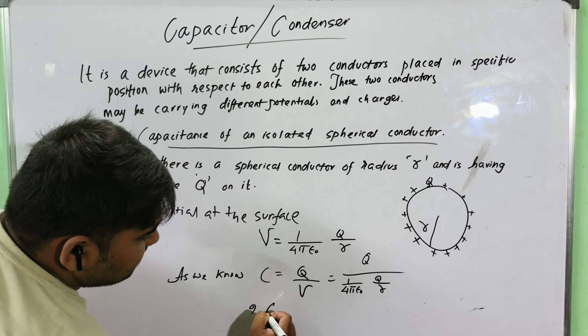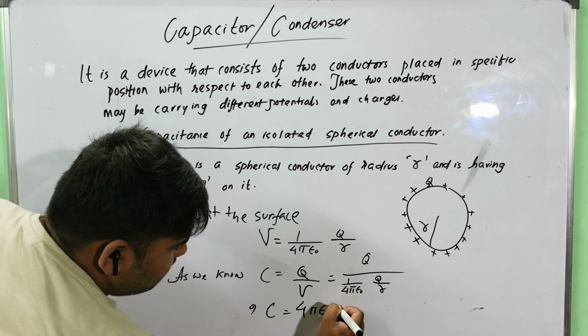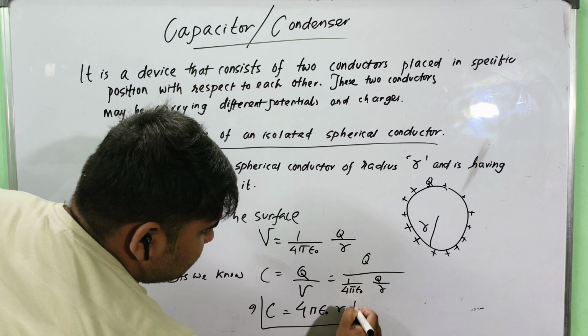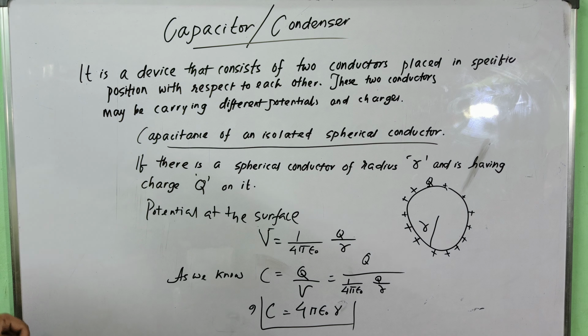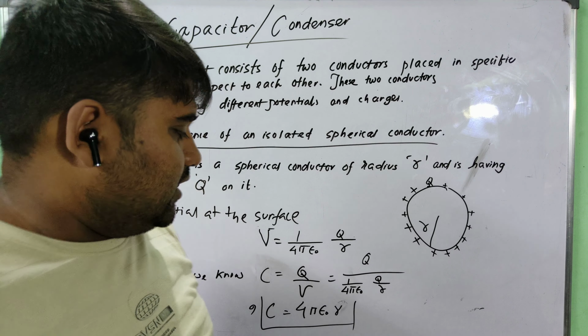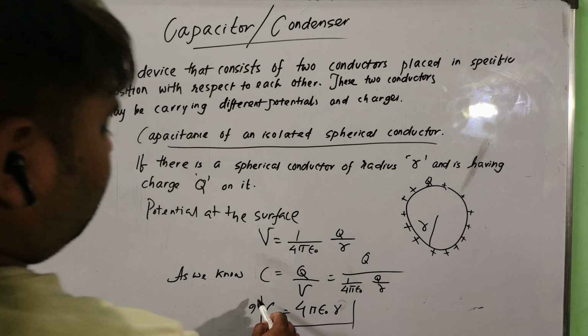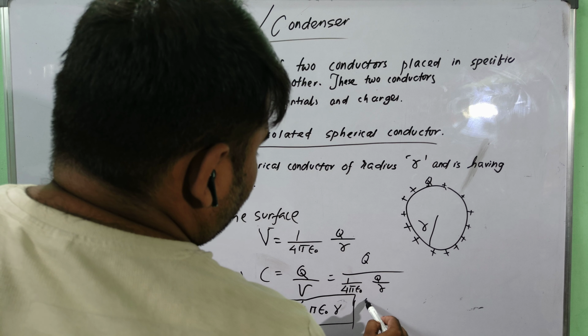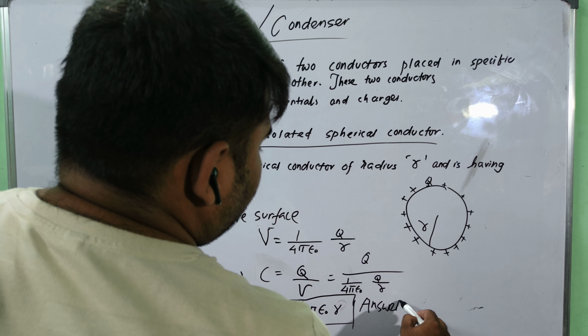So what do you find? C is 4 pi epsilon naught R. The capacitance of a spherical conductor depends upon the radius of that conductor. That's the capacitance of an isolated spherical conductor. This is your formula. It is a very important formula.